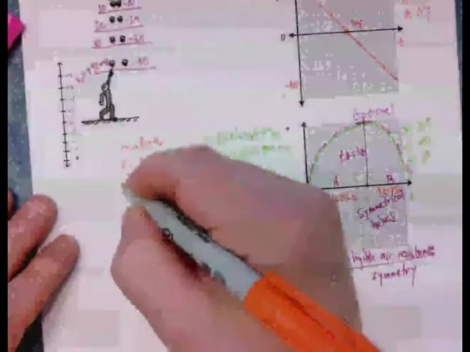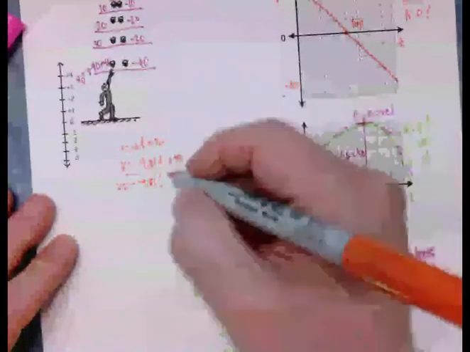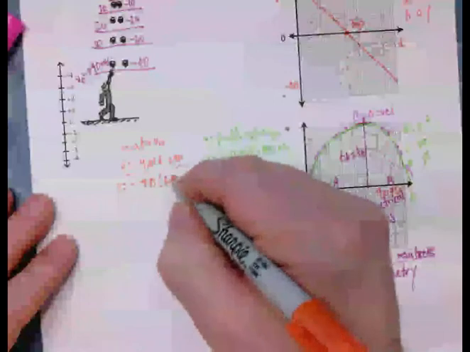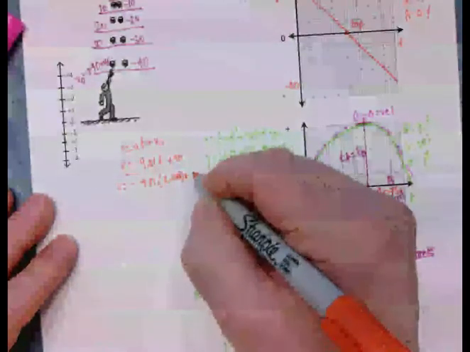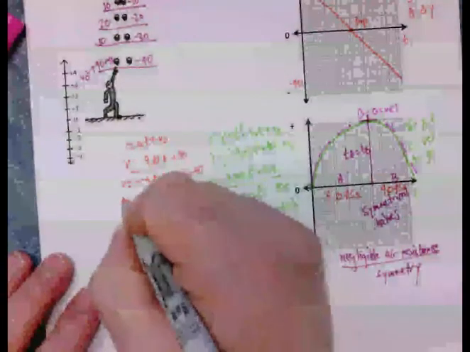So now we put in our time, negative 9.81 times 8.1549 plus 40. And we get an answer of 0.